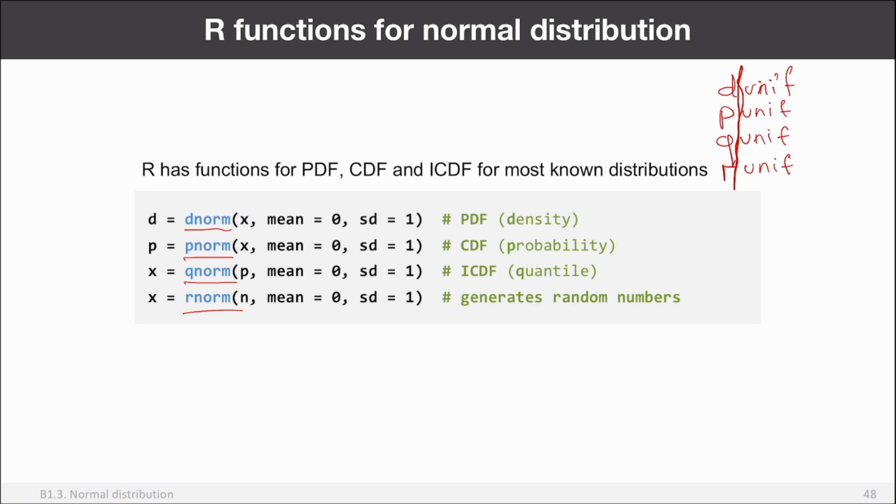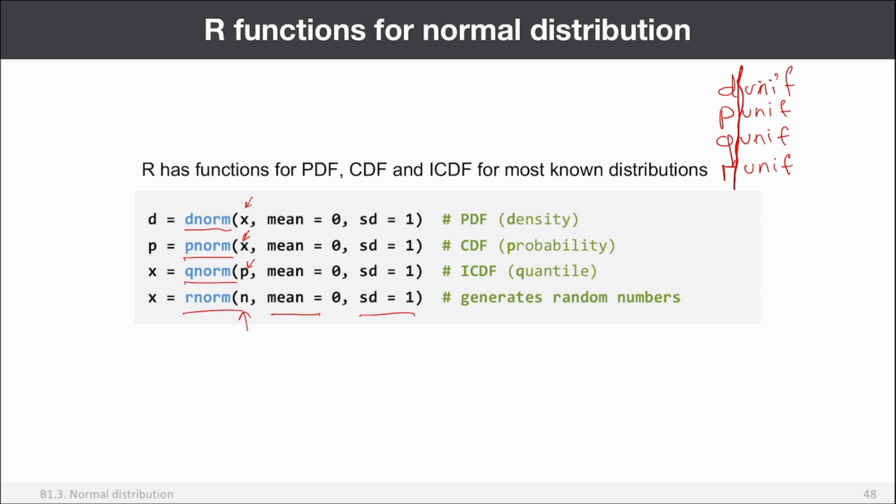Any function has, of course, arguments. For example, for the D function and for the P function, it's your value. Then for the Q function, for the ICDF function, it's a probability. And then for taking a random sample, you need to provide a sample size. Then you can also provide these 2 parameters, the average and standard deviation of your population.